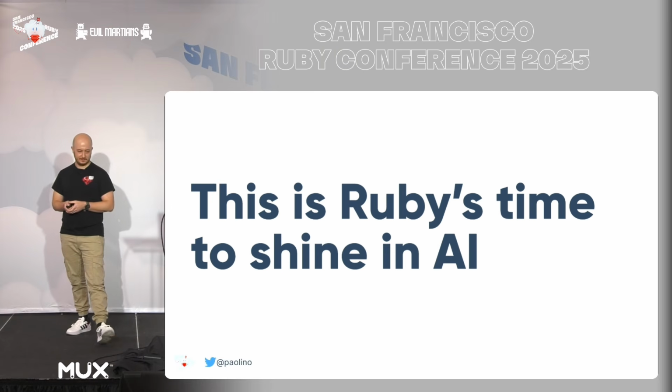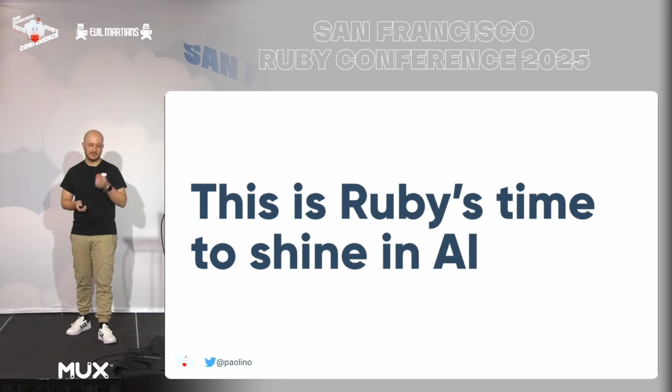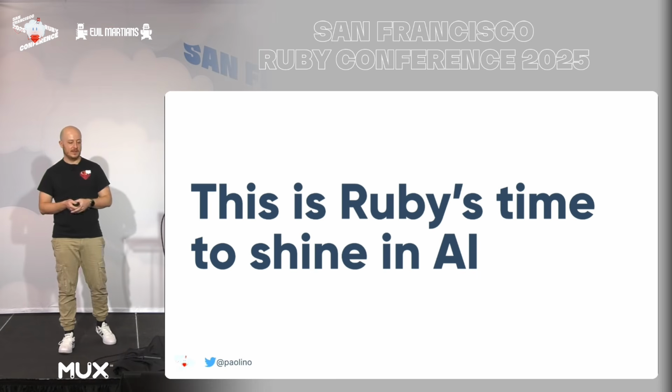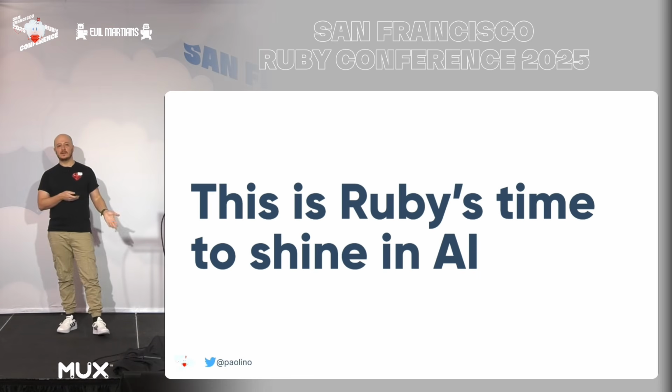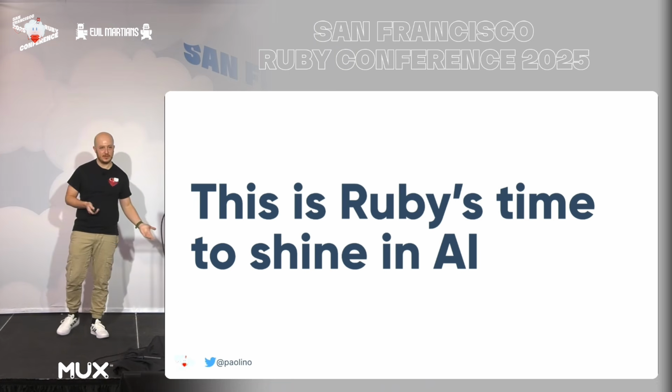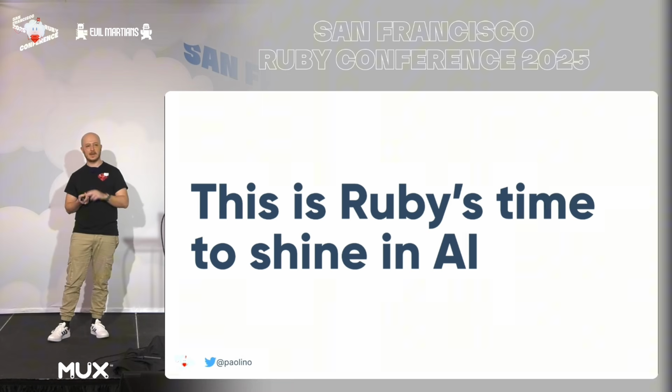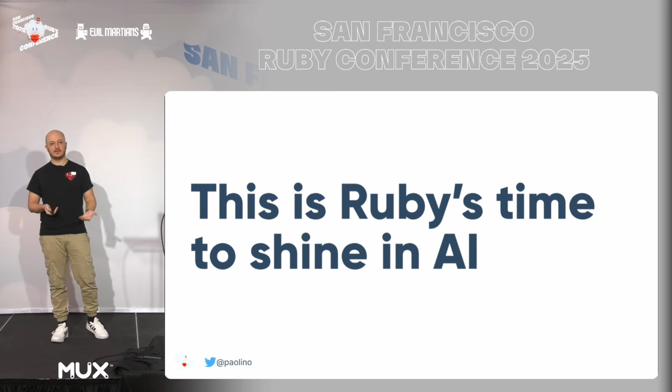So I think this is Ruby's time to shine in AI. Before, we were definitely surpassed by Python because Python had the better libraries. They had NumPy, they had SciPy, they had TensorFlow. They had all of these libraries for AI. However, now AI is really product development.